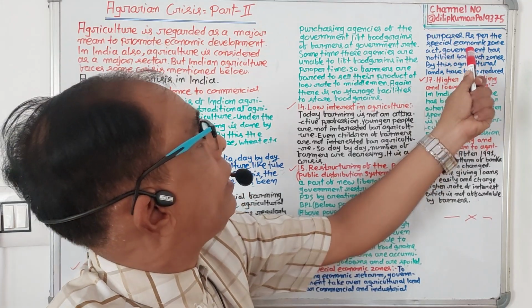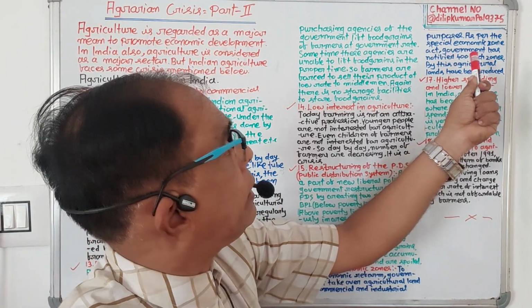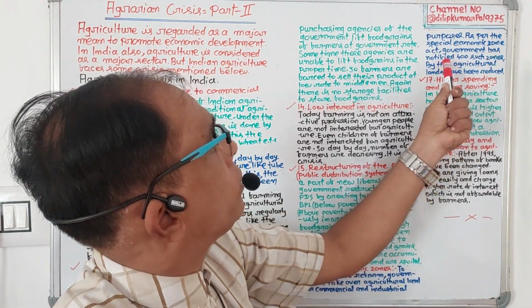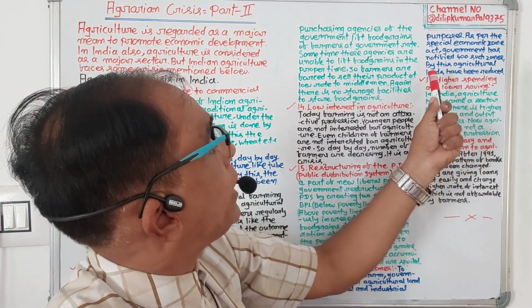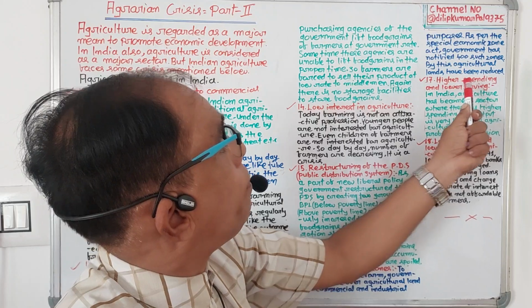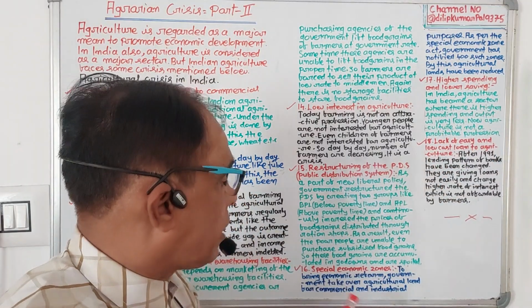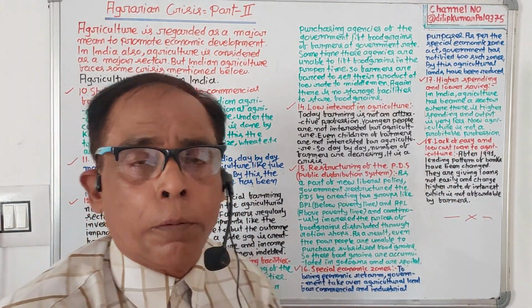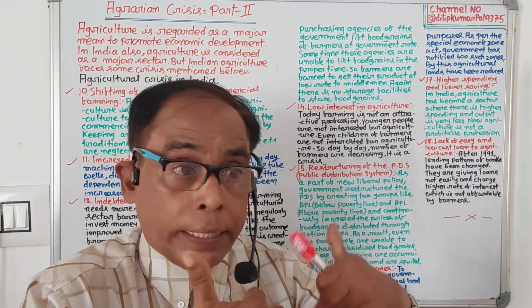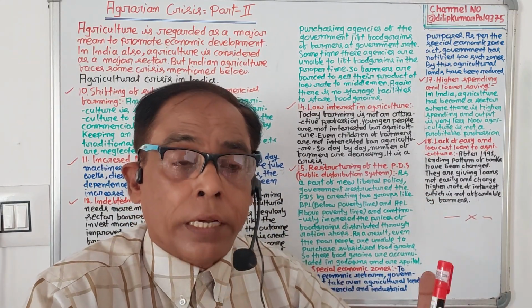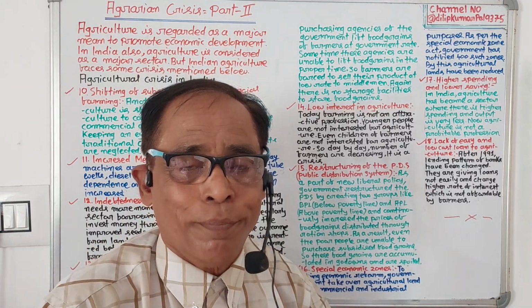As per the Special Economic Zone Act, government has notified 400 such zones. By this, agricultural land has been reduced.